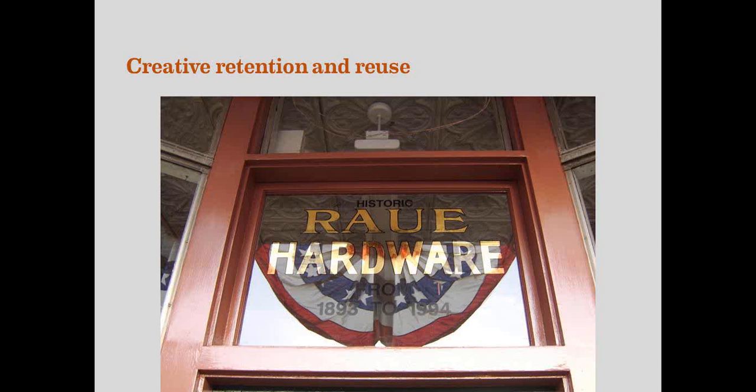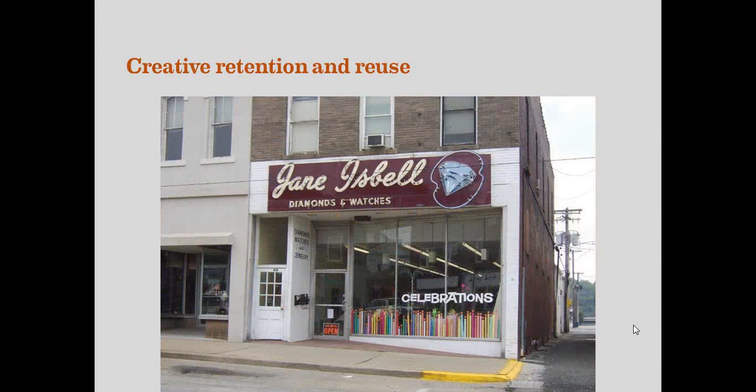So in a very non-invasive way, we were able to retain a historic sign here in the place that it was originally located, and it's sort of a placard, information about the building utilizing the historic sign. So that's something where the location of the sign allows it to do so.